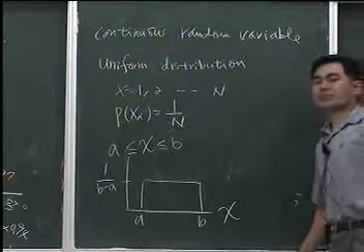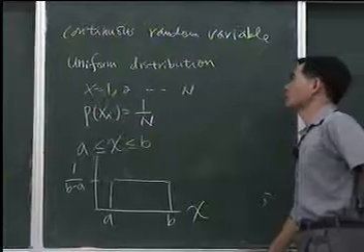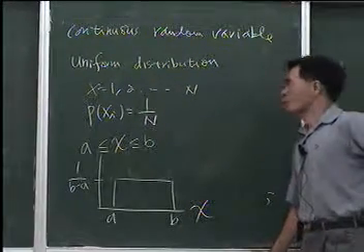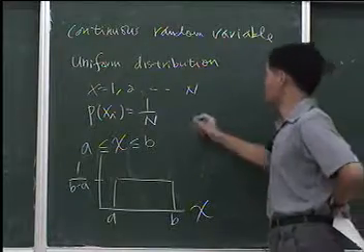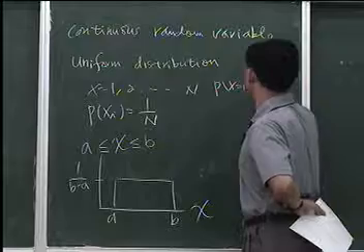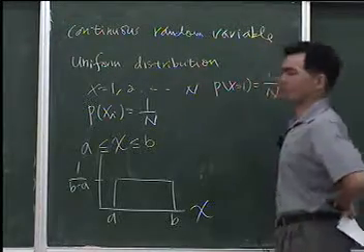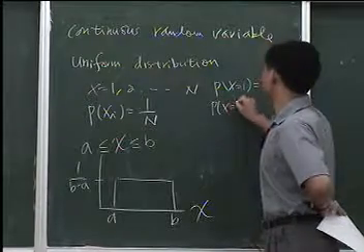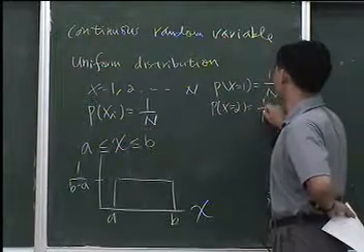And then you want to be careful about the difference between continuous type and discrete type. When it is discrete, we can say, in this case, P(x equals 1) is equal to 1 over n, okay? And P(x equals 2) is also equal to 1 over n.